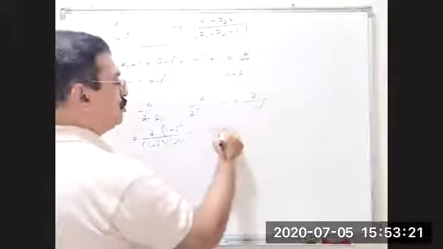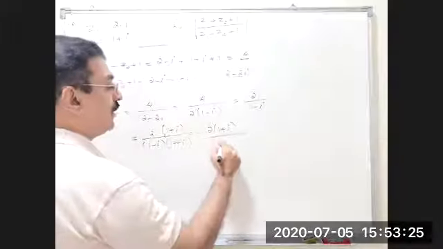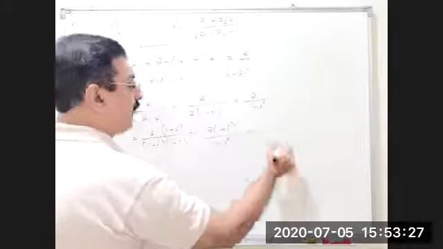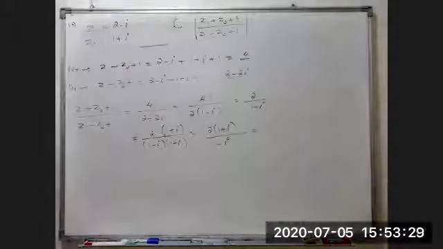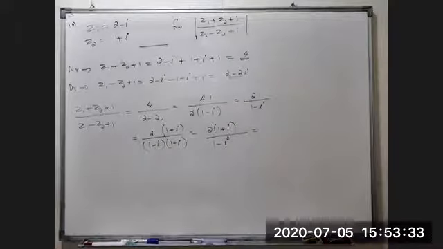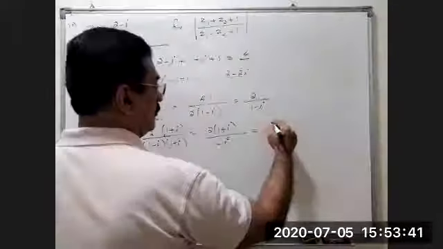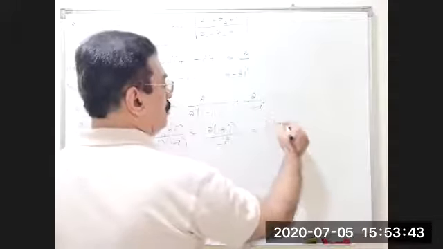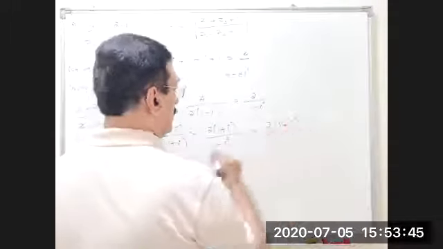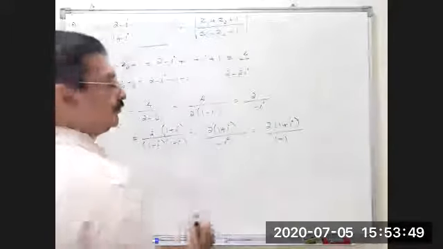Numerator 2 into 1 plus i. Denominator is (1 minus i) square, or rather 1 minus i square. Again, you know the value of i square. What did you get? 2 into 1 plus i by 1 plus 1, because i square is minus 1.